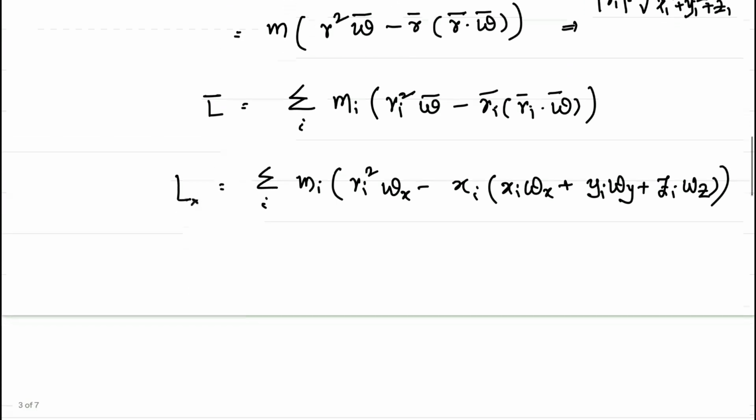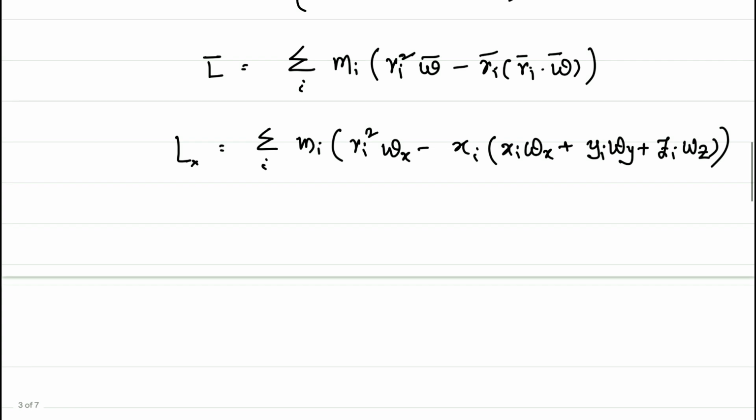This is the value of Lx. Now similarly Ly, Lz. We know L is equal to, we have to prove I into omega.